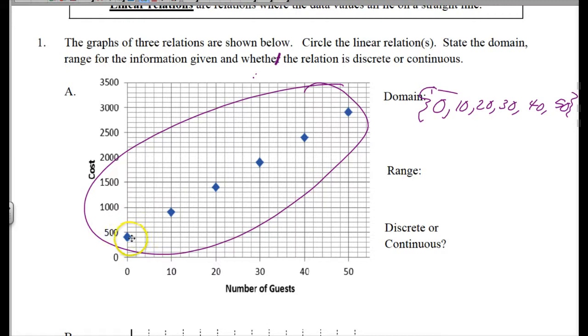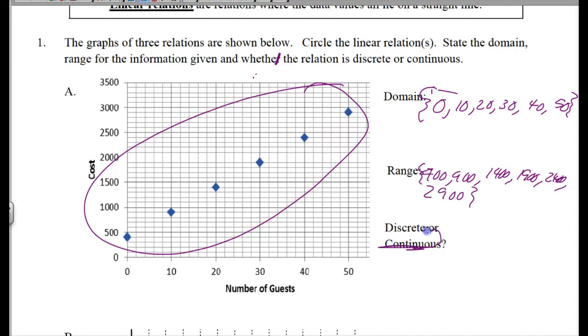The range is a set of numbers. 400, 900, 1400, 1900, I think. 2400, and 2900.